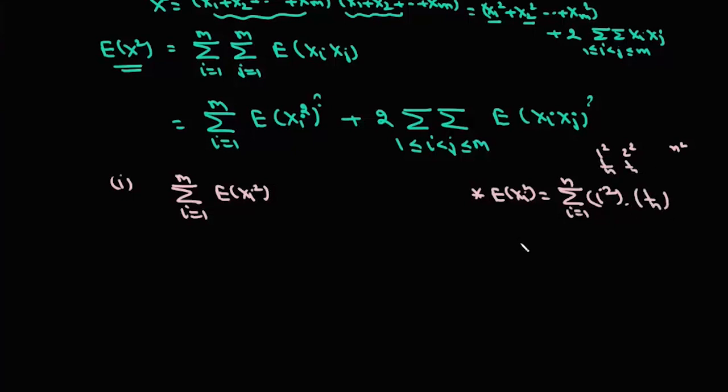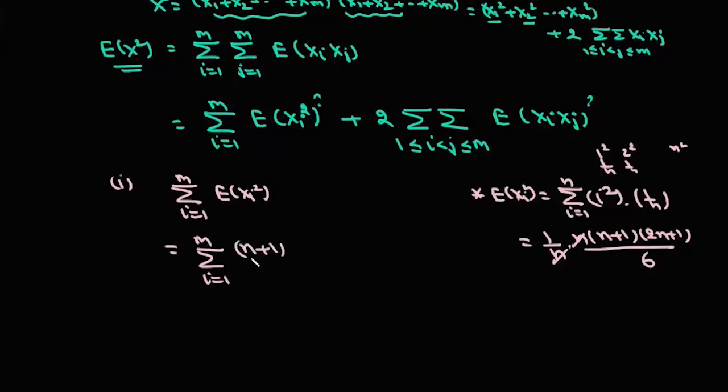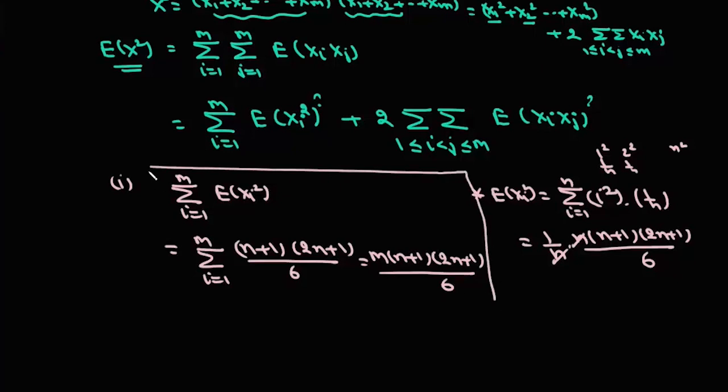So we can write this as 1 by n into n(n plus 1)(2n plus 1) by 6. Now this n and n will cancel, so it will be (n plus 1)(2n plus 1) by 6. So we write this as summation i varies from 1 to m, (n plus 1)(2n plus 1) by 6. Now essentially this is independent of i, so we can simply write this as m times (n plus 1)(2n plus 1) divided by 6. So that's your expectation of sum of Xi square.